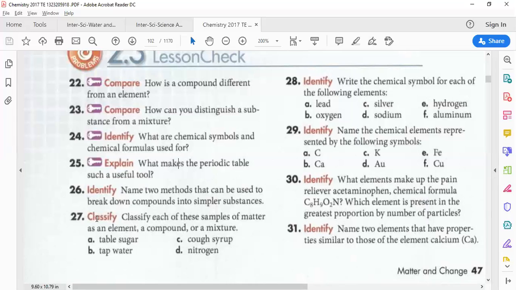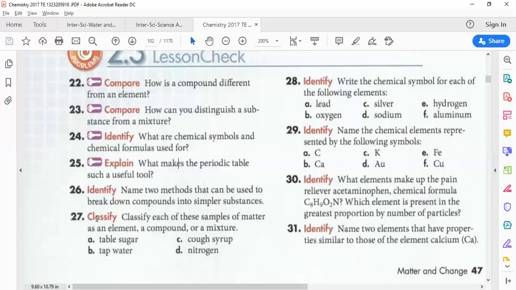27, classify each of these samples of matter as an element, a compound, or a mixture. Table sugar is a compound because it consists of more than one element: carbon, hydrogen, and oxygen, C12H22O11. Number B, water. Water is a mixture because it contains some minerals and salts inside.